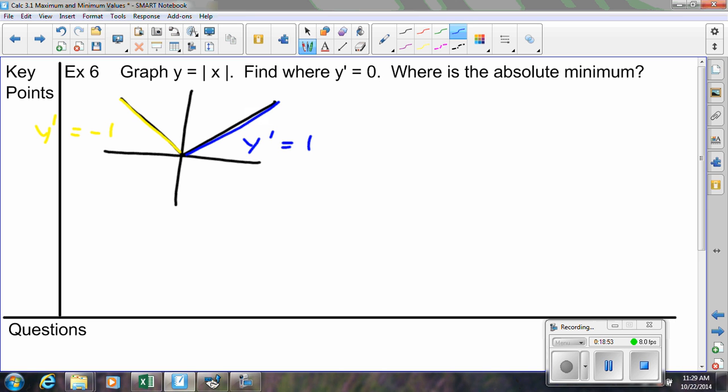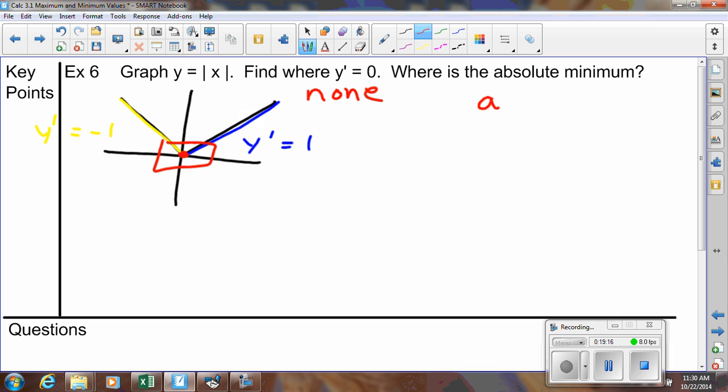But at the point x equals 0, the derivative does not exist because of our sharp corner. So where does it equal 0? It doesn't. But do we have an absolute minimum? Yes. Right there. We have an absolute minimum at x equals 0, even though the derivative does not exist there. Once again, that goes back to this part.